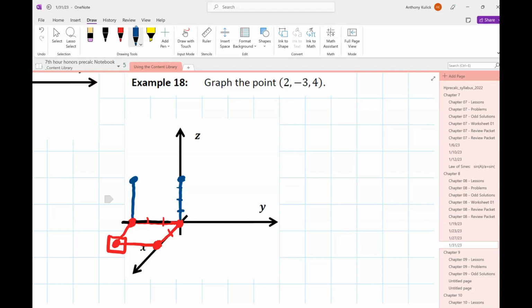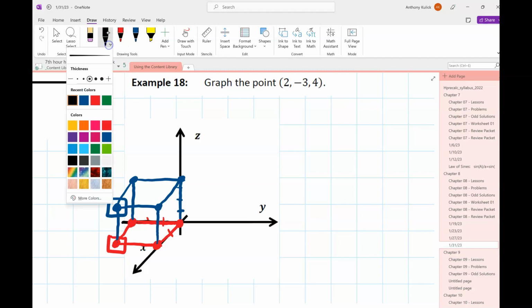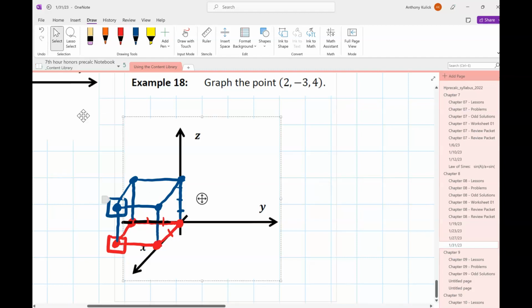And I'm just going to eyeball the other 2 and lift those 4 units. So this point here is the point 2, negative 3, 4. Is that okay?